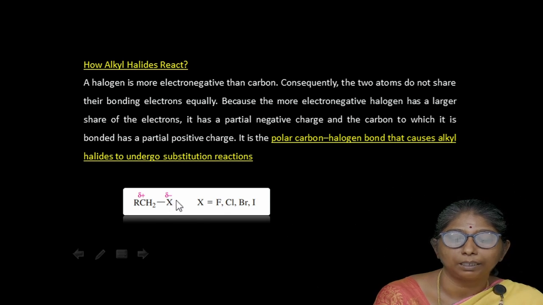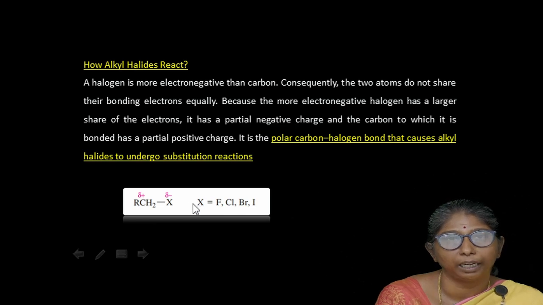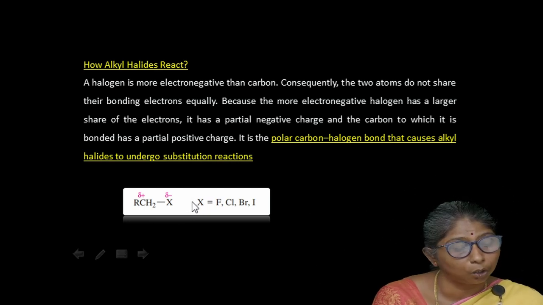So the carbon-halogen bond is a polar bond and substitution reaction takes place very readily. The halogen can be a fluorine, chlorine, bromine or iodine atom. Anything can be replaced. So alkyl halides undergo substitution reaction.